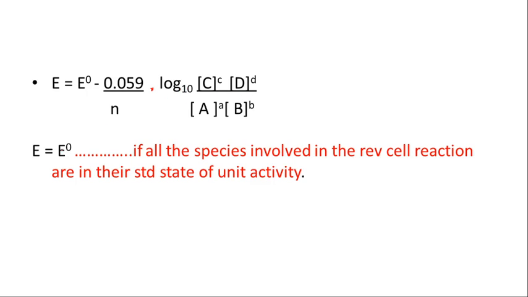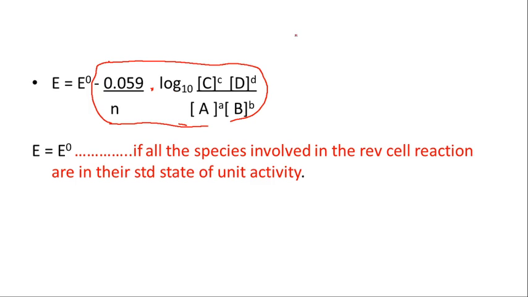Okay, now when will E be equal to E naught of the cell? E will be equal to E naught of the cell when this full term will be equal to 0. And when will this full term be equal to 0?